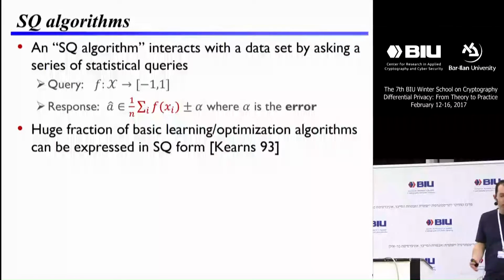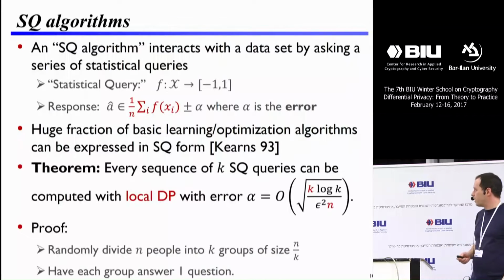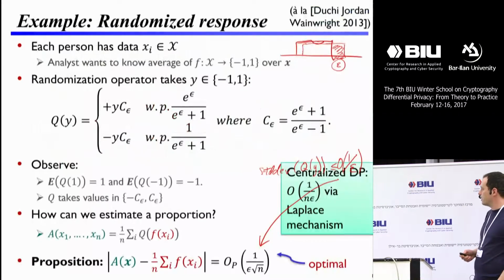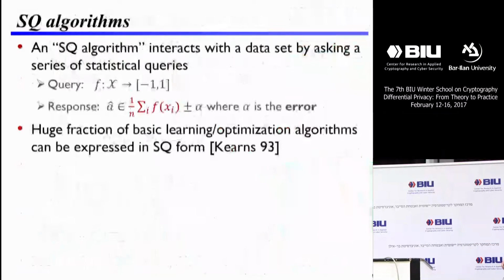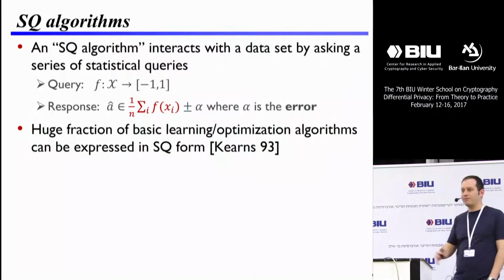Okay, so what can we do with this randomized box? If I give you a function that maps the domain to numbers between minus 1 and 1, and in fact they can be continuous between minus 1 and 1, it doesn't have to be either minus 1 or 1, then I can accurately estimate the average of that function over the data set. And it turns out we don't even have to invent algorithms that process data this way.